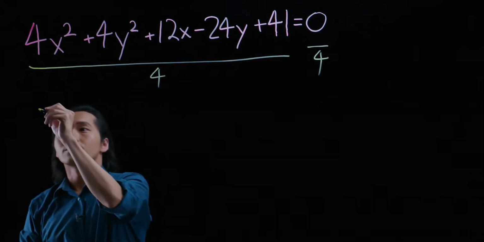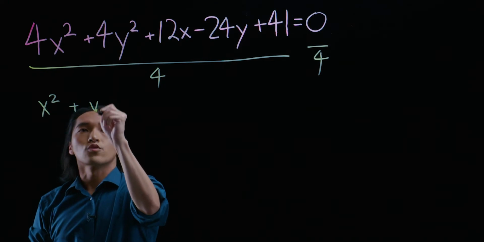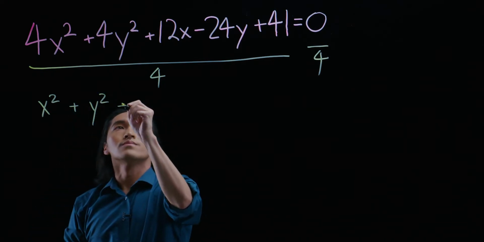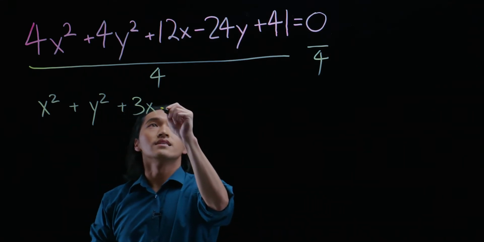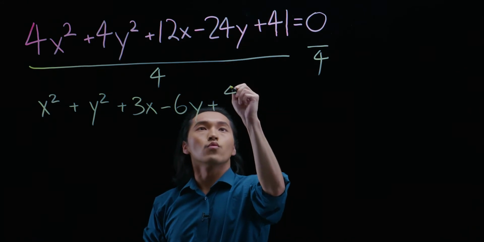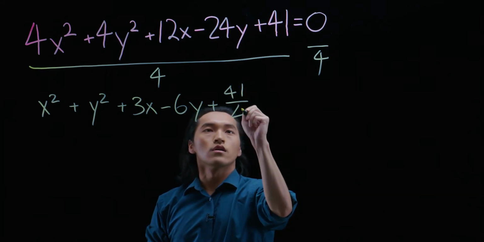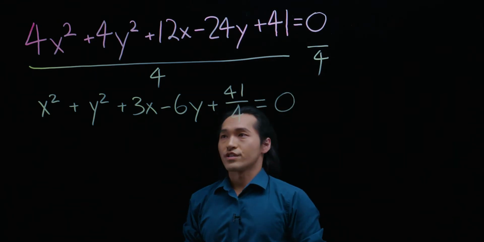This becomes x squared plus y squared plus 3x minus 6y plus 41 over 4 is all equal to 0, because 0 divided by 4 is still 0.